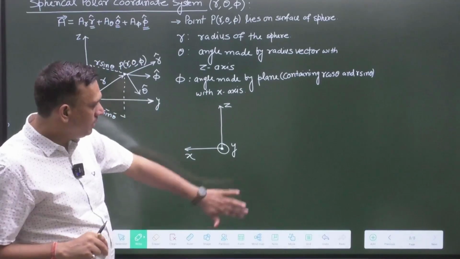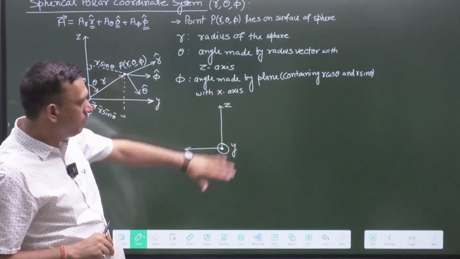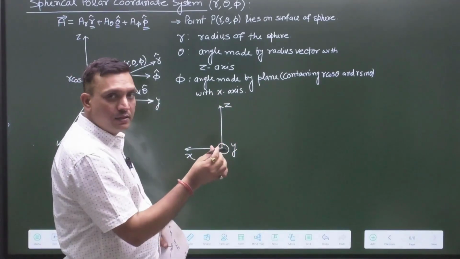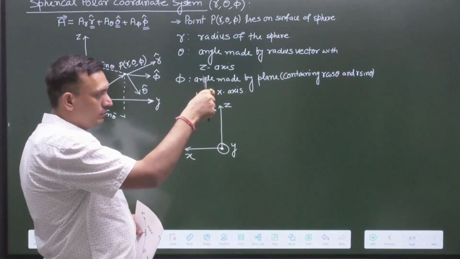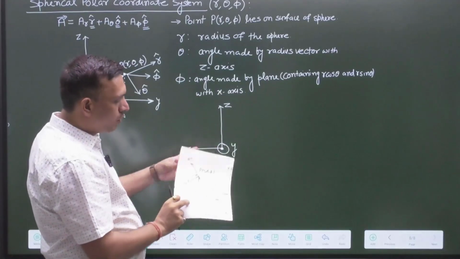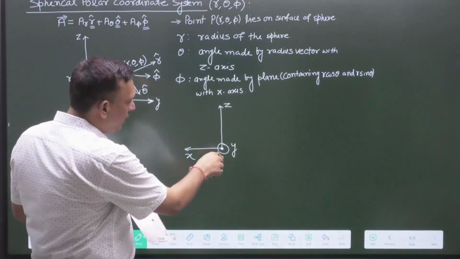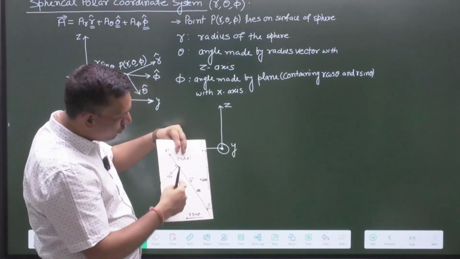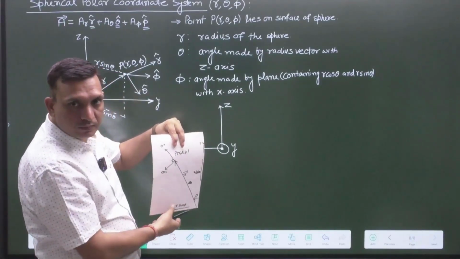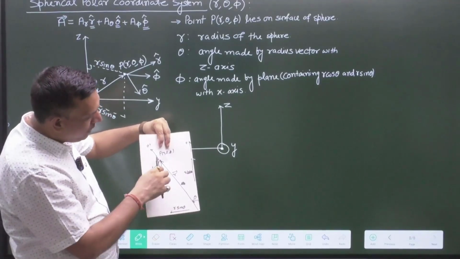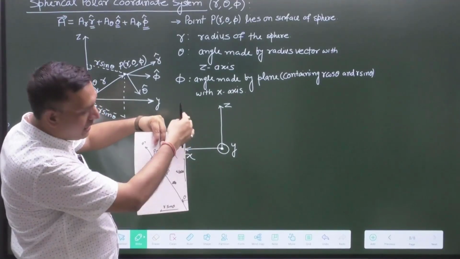So you can say this board plane is the xz plane and this direction is y. So if you have any point P, what will be its coordinates? This point is the origin. So the coordinates of point P are r, theta, phi. This is the origin, this is the z axis.